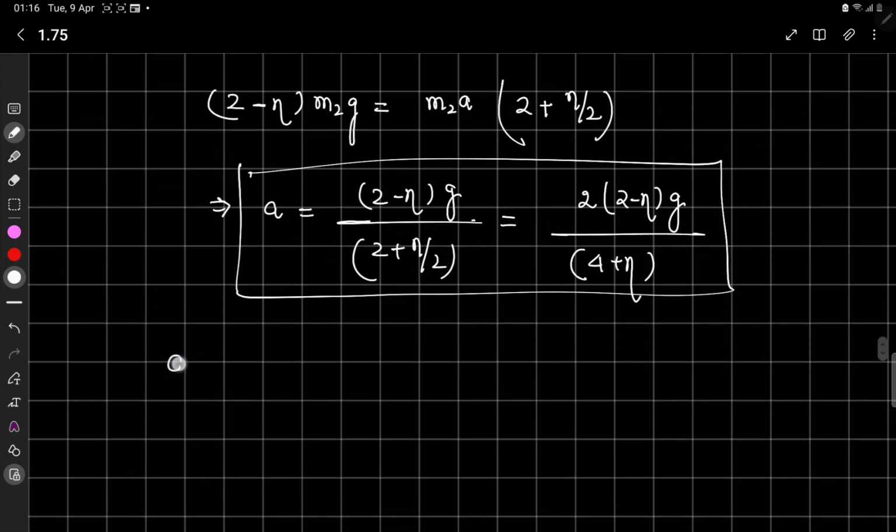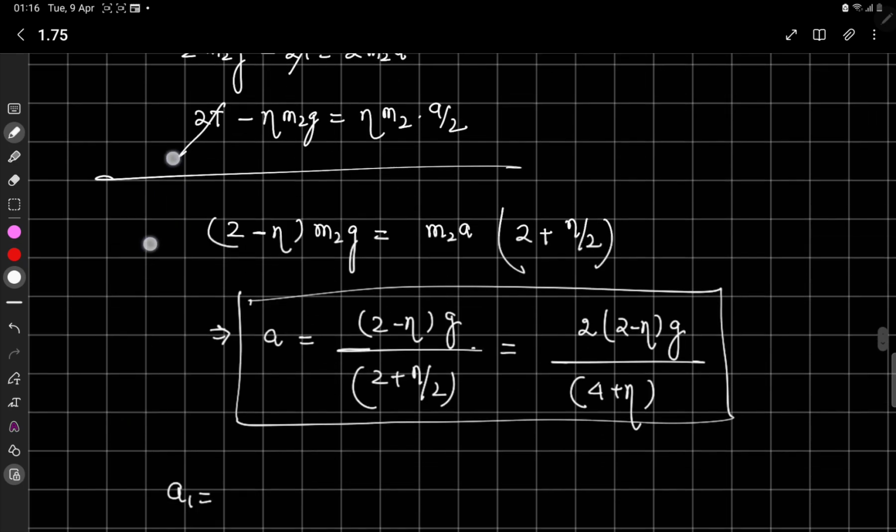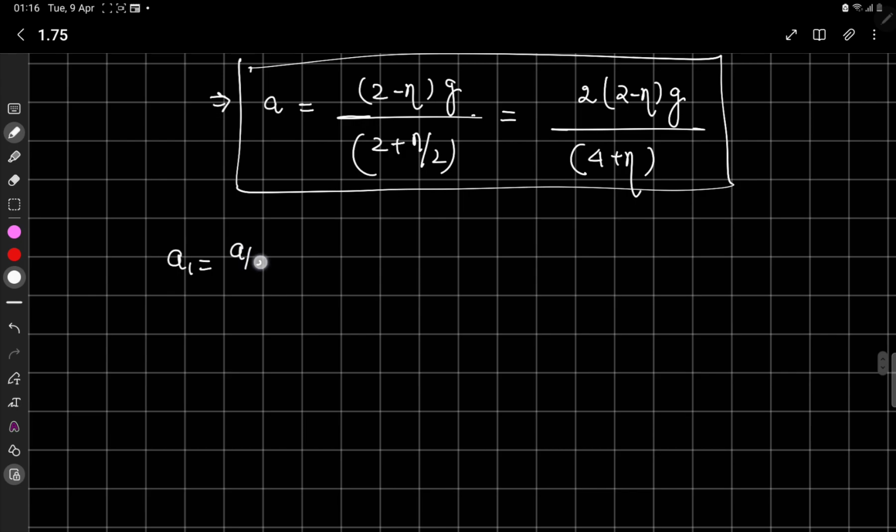And a1 is equal to a by 2, that is equal to (2 minus eta) times g divided by (4 plus eta).